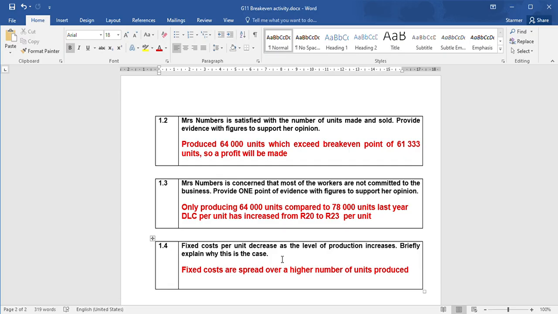But if you can increase the number of units made from 2 to 20, then your fixed cost per unit, 100 divided by 20, would be 5 Rand. So because you're spreading fixed costs over a higher number of units produced, your denominator is increasing basically. That will mean that your fixed cost per unit, per item, will decrease.